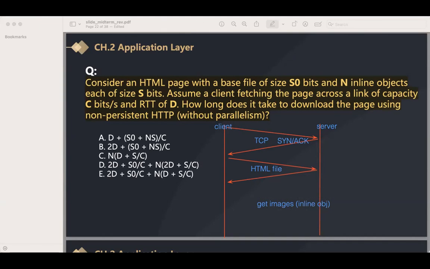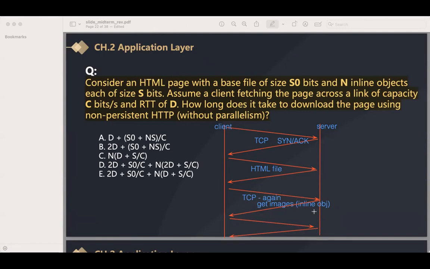So in order to get the objects, what do we need to do? Is this just simply a request and response? Or do we need to establish the TCP first? Because we are using the non-persistent connection, we need to do the TCP connection again, and then we can send a request to get the images.